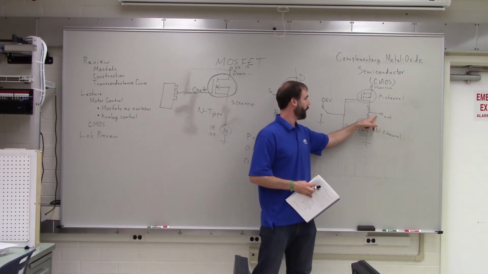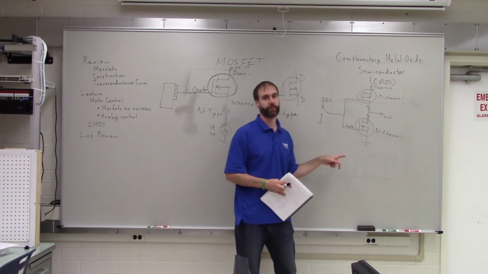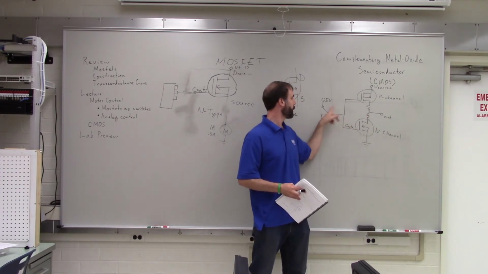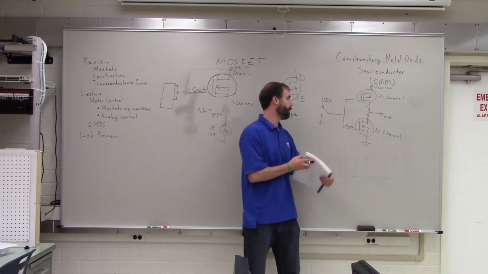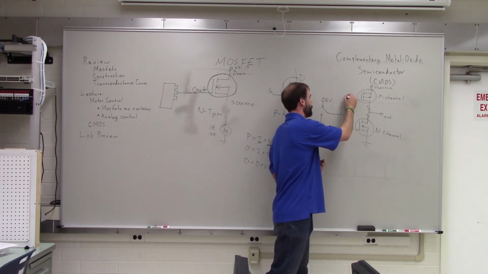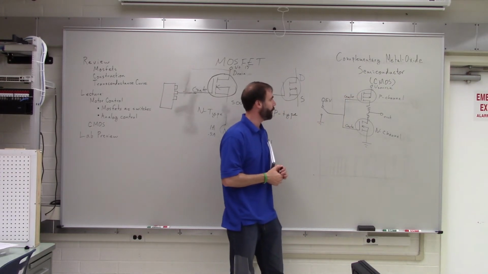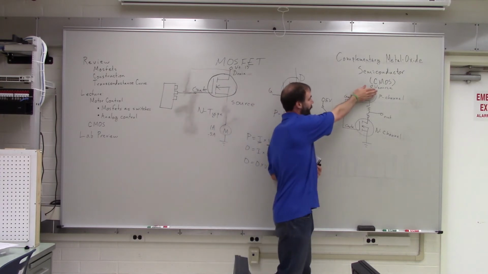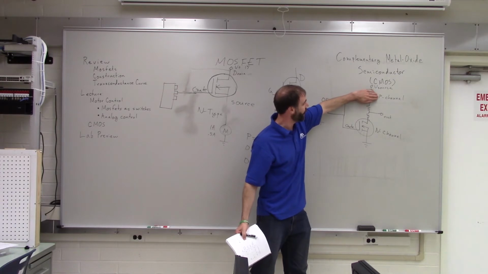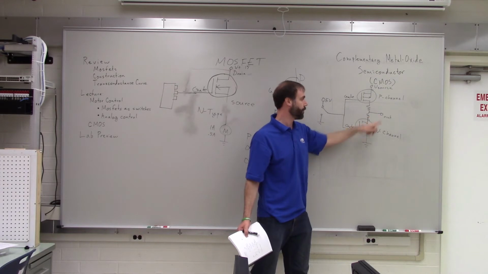And so that pulls this output voltage low, right? So the switch in this configuration makes the output voltage low. This also puts a high voltage at the gate of the P-channel MOSFET. And a high voltage at the gate of the P-channel MOSFET means that this acts like an open circuit. So you've got this open circuit up there, and you've got basically a wire down here. So the voltage at the output goes low.